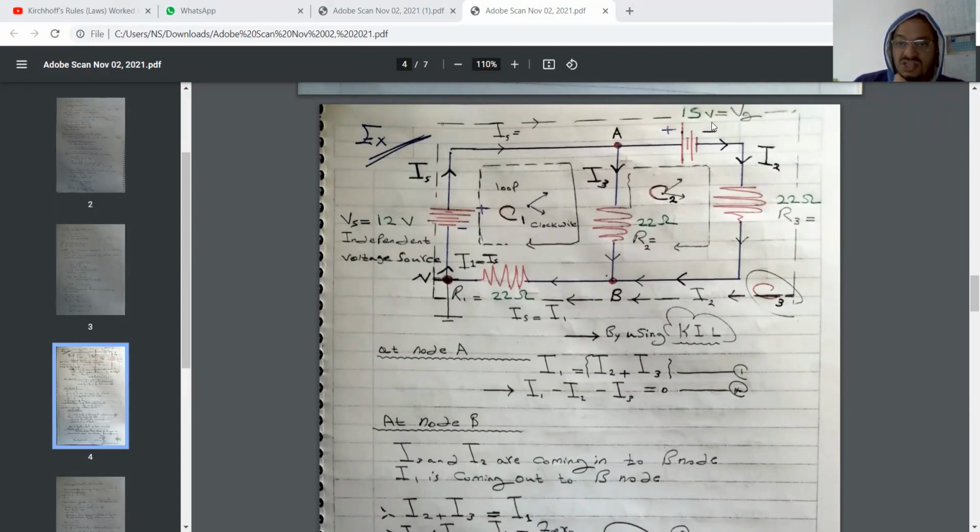The VG, the second independent voltage source, equals 15 volt. And here the current source IS, we can say I1, equals I2 plus I3. After that, from the Kirchhoff current law, we can say I1 minus I2 minus I3 equals 0, because the sum of the currents must equal 0.